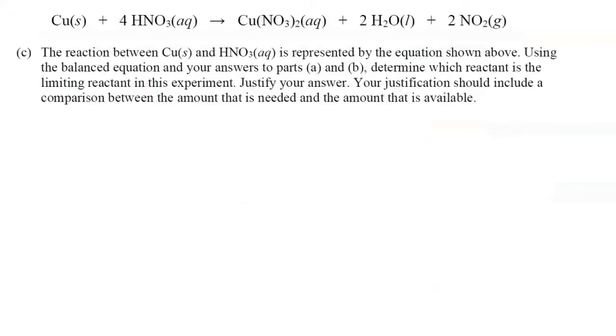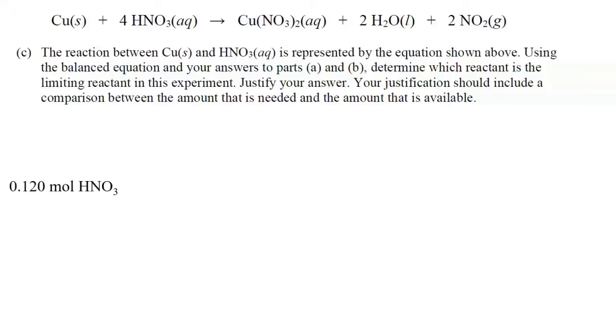Part C, the reaction between copper and nitric acid is represented by the equation shown above. Using the balanced equation and your answers to parts A and B, determine which reactant is the limiting reactant in this experiment. Justify your answer. Your justification should include a comparison between the amount that is needed and the amount that is available.